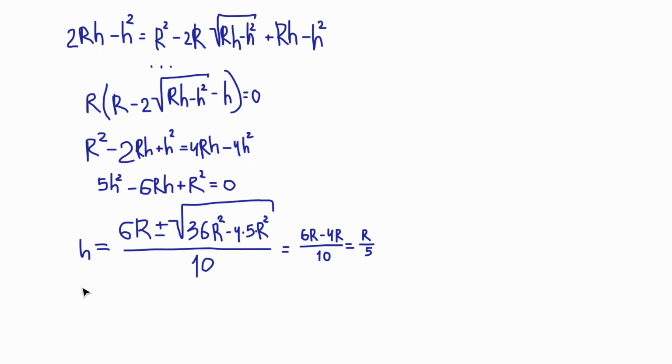Finally, we eventually get a standard quadratic equation: 5h squared minus 6rh plus r squared. We are looking for h. R is known to us. It's equal to the side of the square.